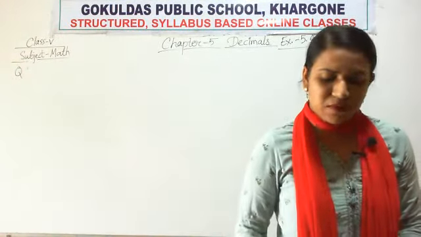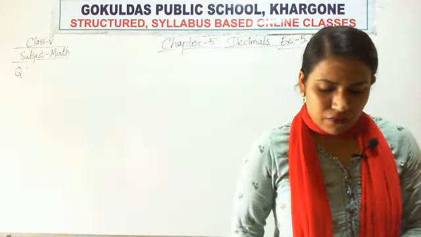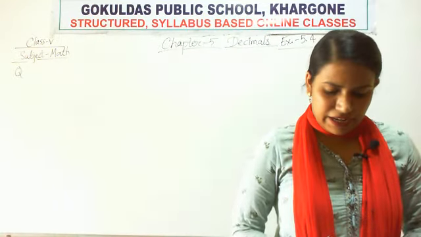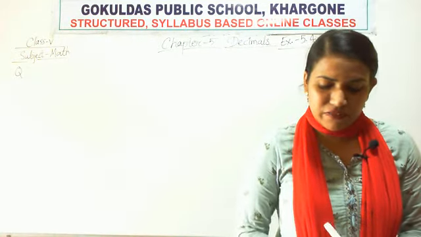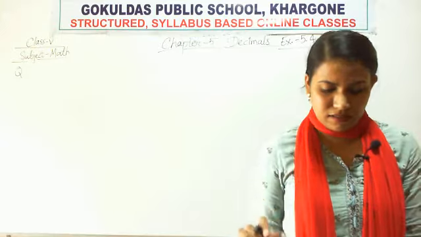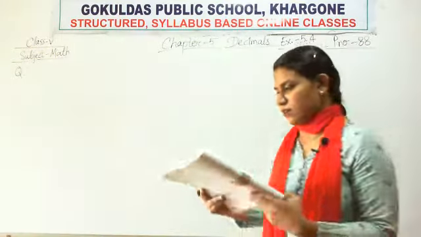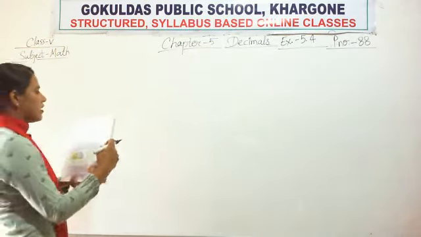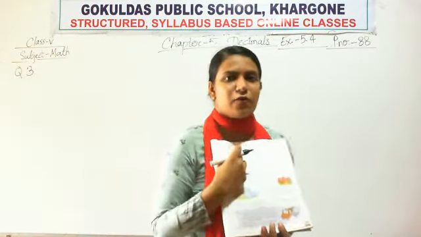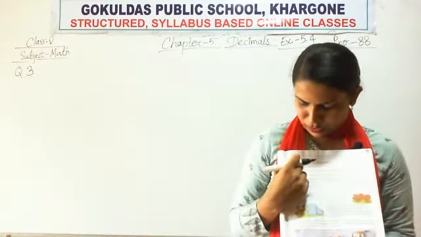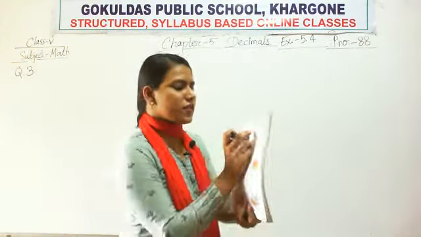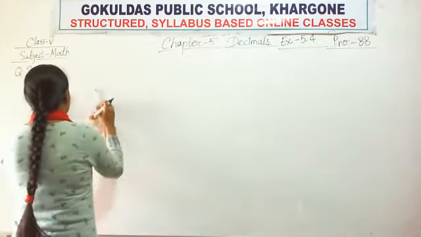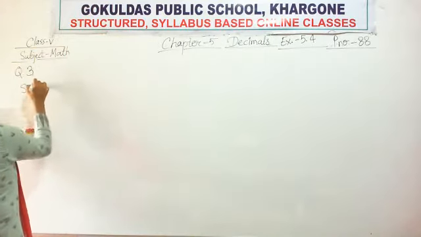Question number 3 is: from the sum of 127.78 and 38.57 subtract a number. Here you need to find the sum first of the first two numbers.